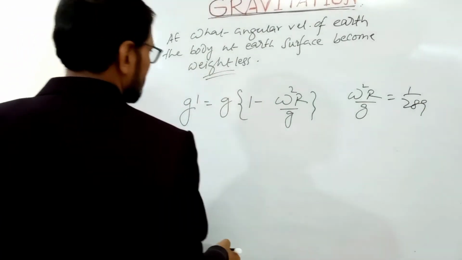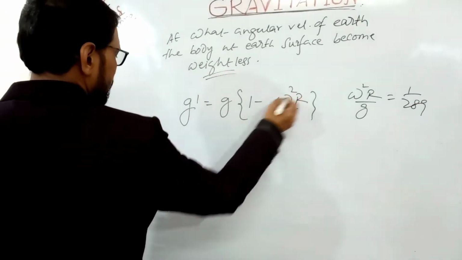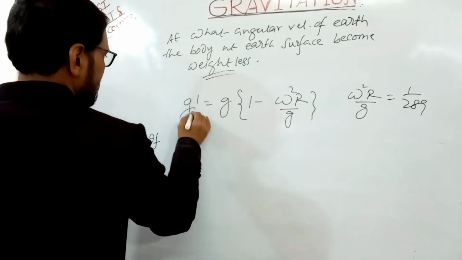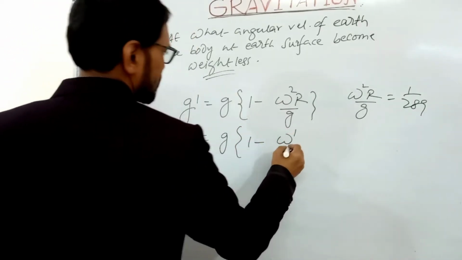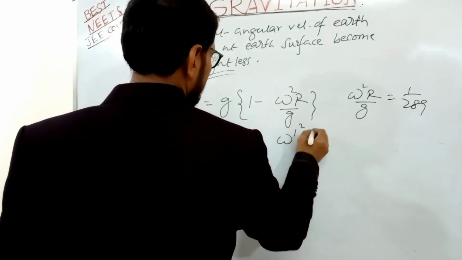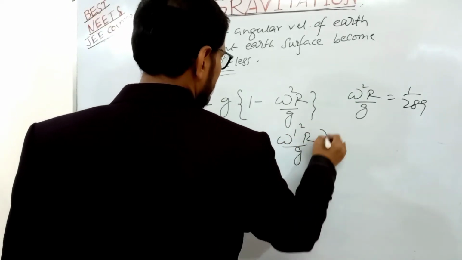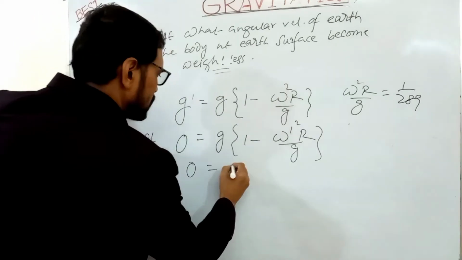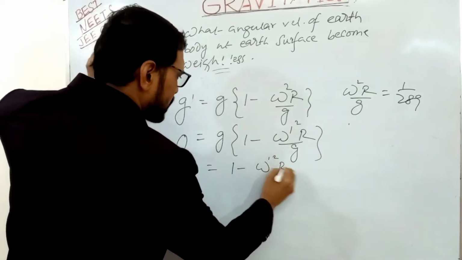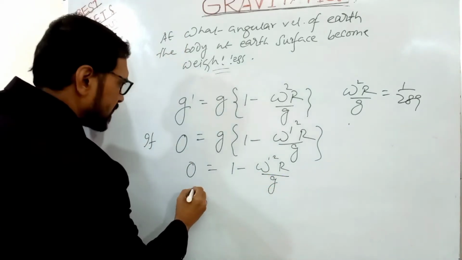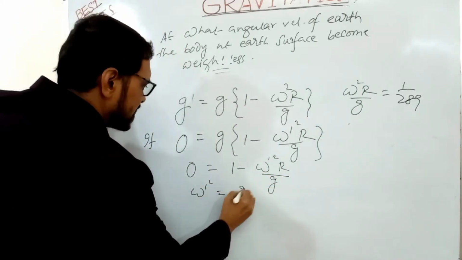Now suppose the value of omega becomes omega dash, so g dash equals 0, 1 minus omega dash square r by g, 0 equals 1 minus omega dash square r by g. So omega dash square equals g by r.